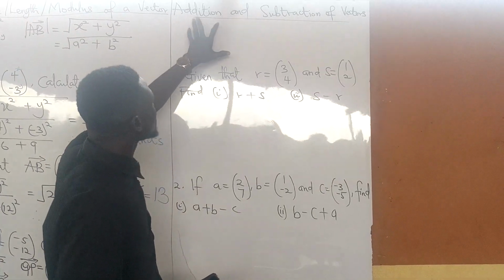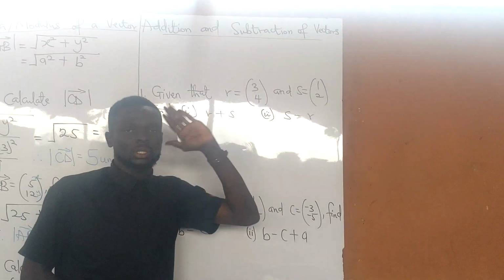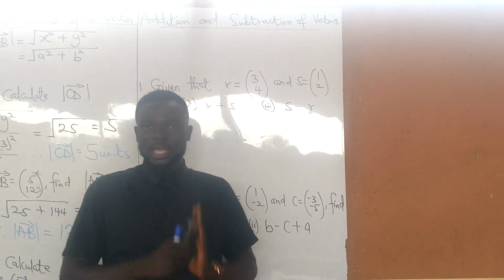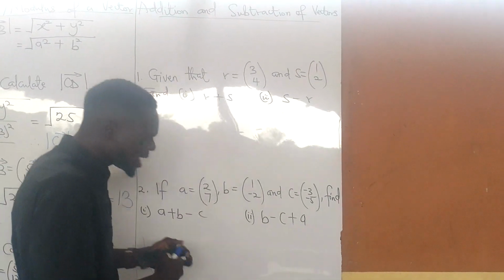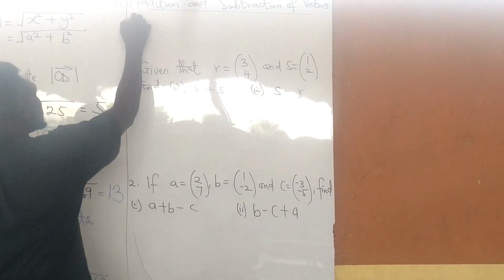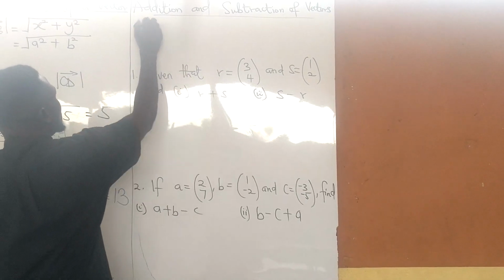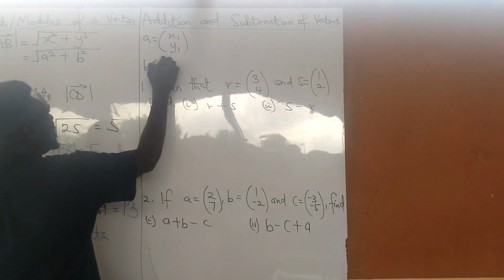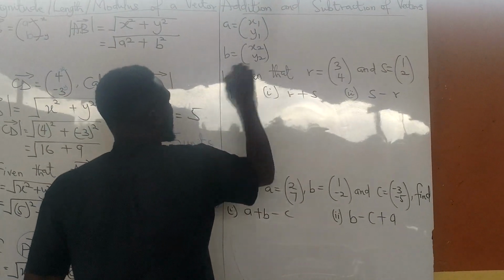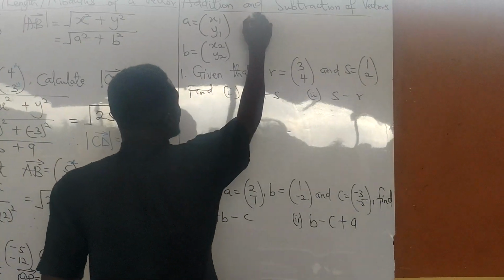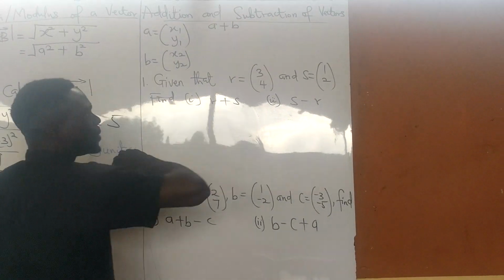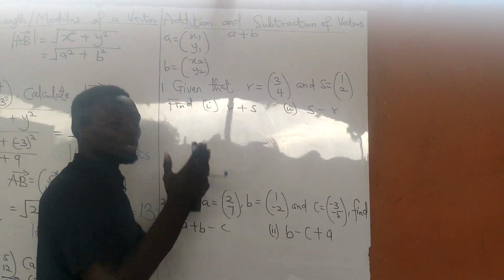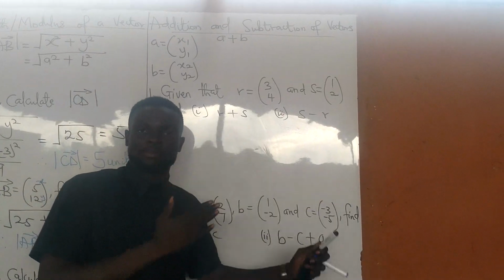Let's look at the final part, which is addition and subtraction of vectors. As the name goes, we are just adding and we are just subtracting. So let's say we have a vector A as x1, y1, and a vector B as x2, y2. If I am to calculate the vector A plus B, first locate the vectors you are to add.